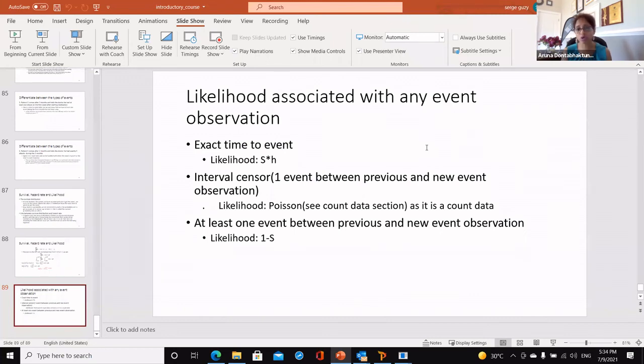But I also want all of you to be aware that many of these questions can be answered just by looking at the data and plotting the data.